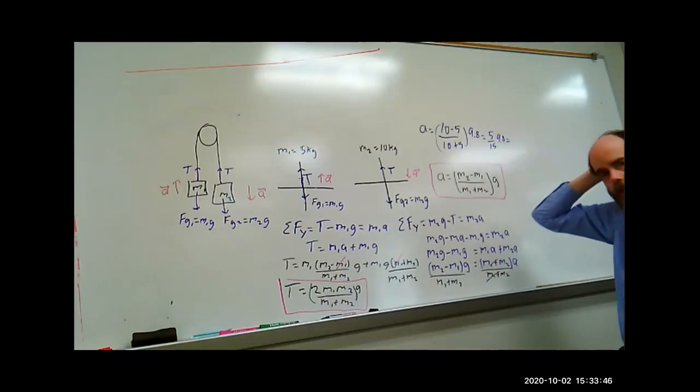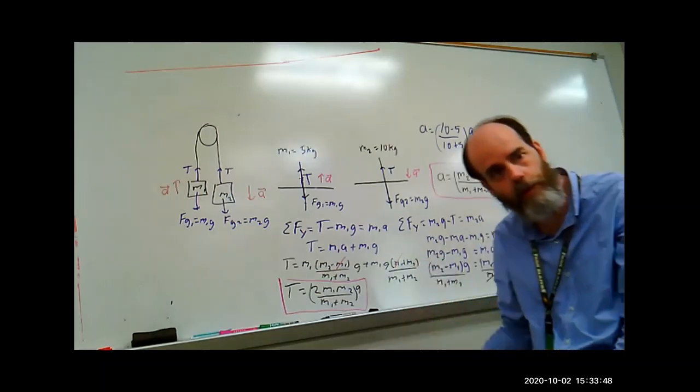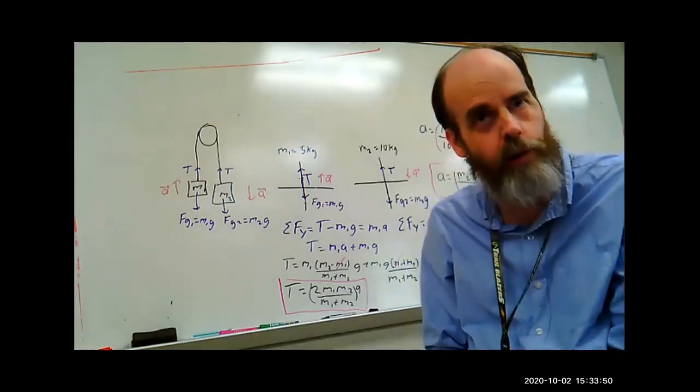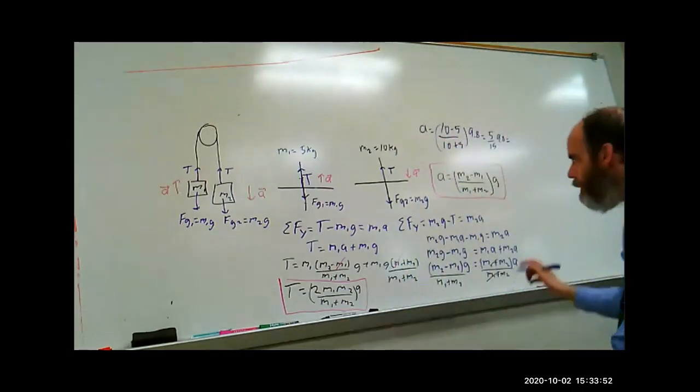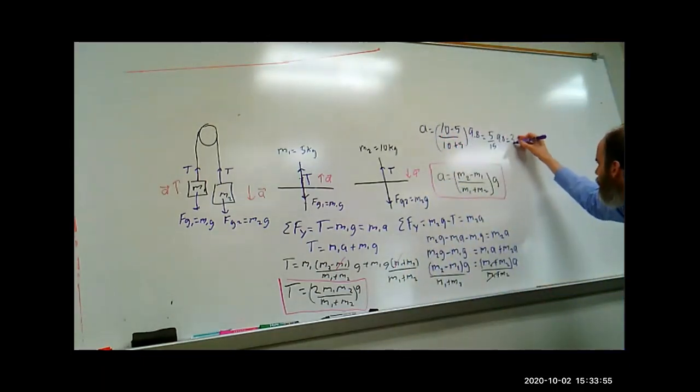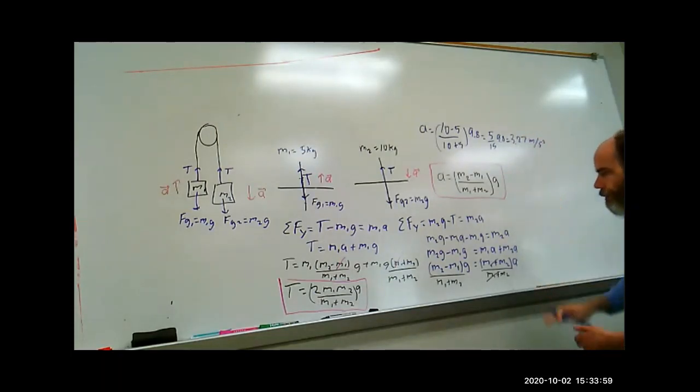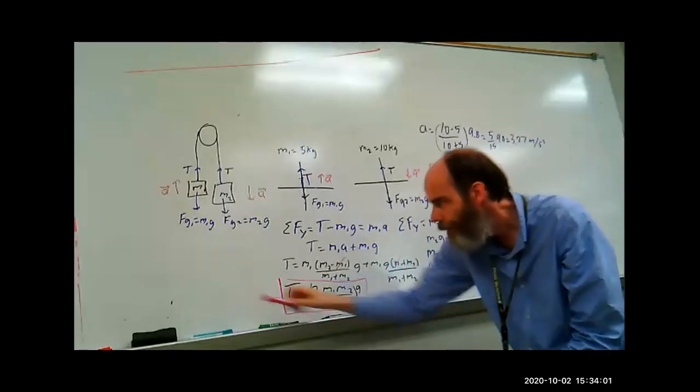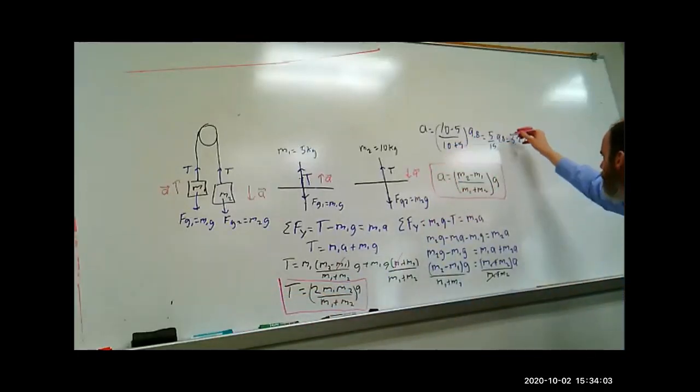Did anyone work that out? Is it 3.27? So it's 3.27 meters per second squared.